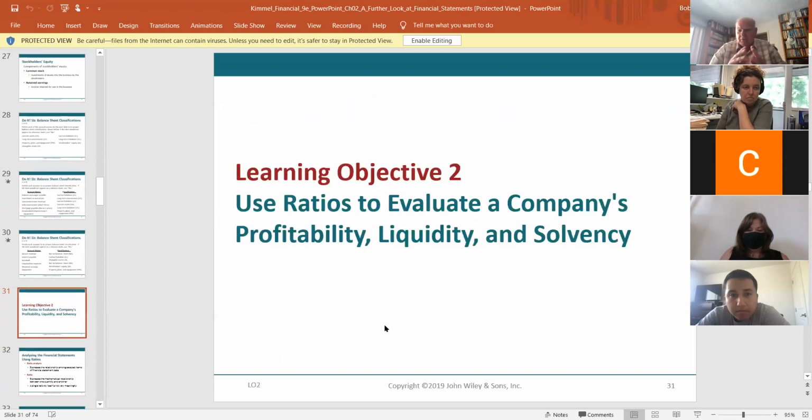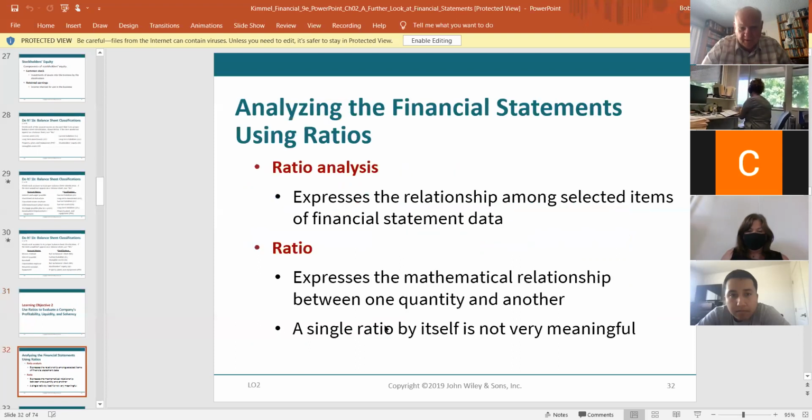Okay, so that's a brief look at the classified balance sheet, if you will. Now they're going to talk a little bit about some analysis we can do to see how the companies are doing. What's our profitability? What's our liquidity, our solvency? Are we making money? Should we go out of business? Should we expand? We're going to do some ratio analysis. We're going to express relationships among different items in the financial statements.